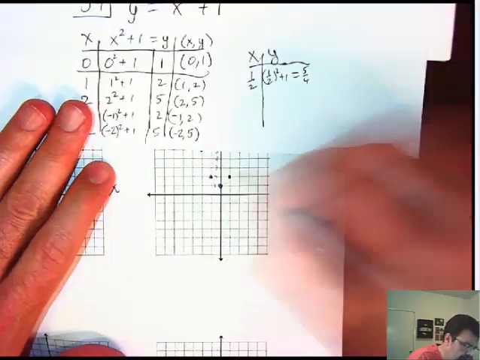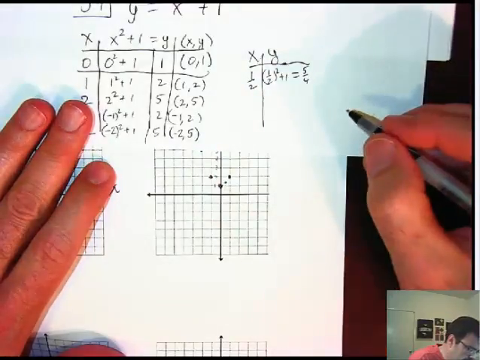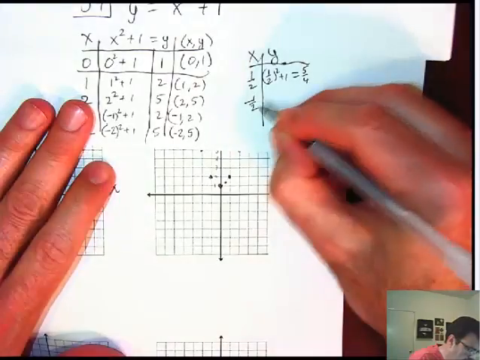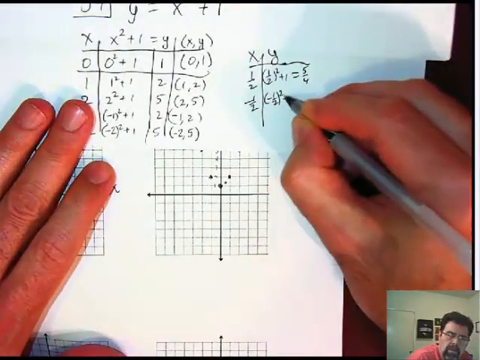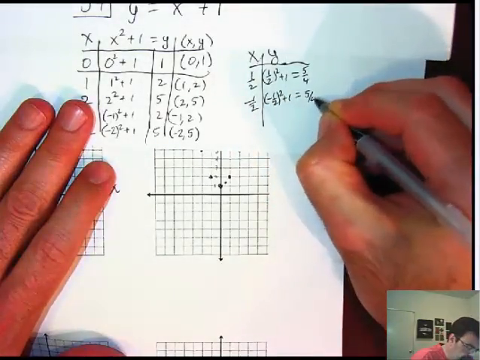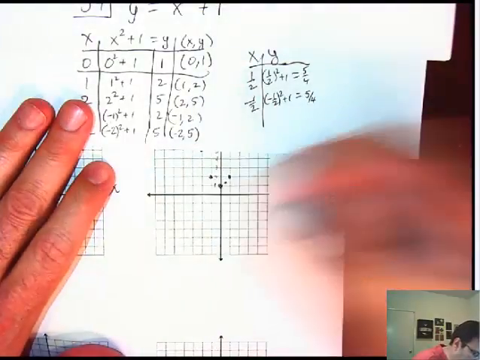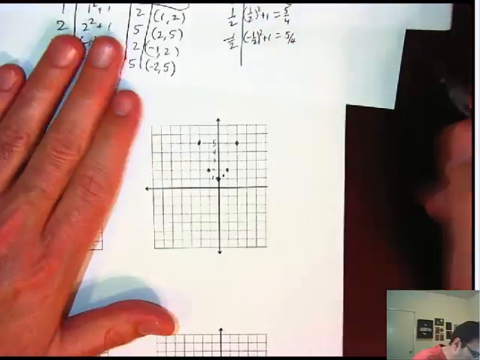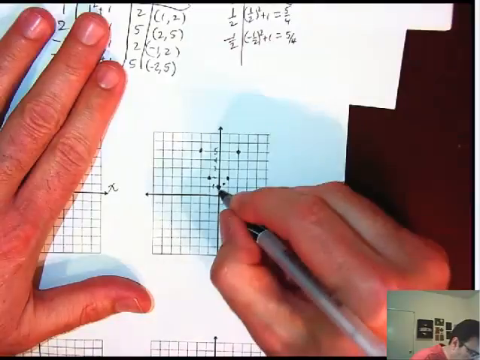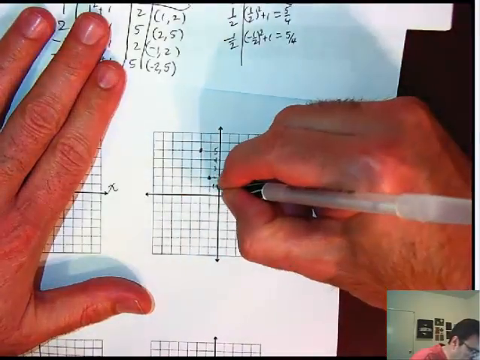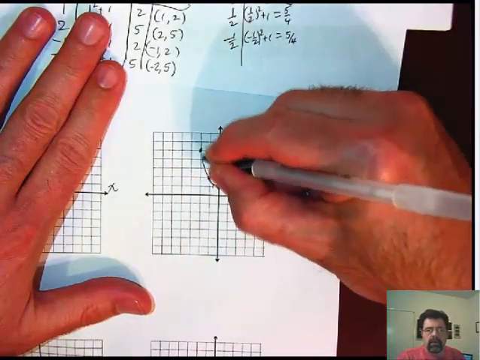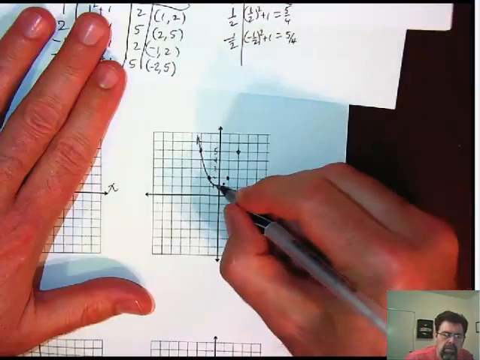And then if I did negative 1/2, that would give me 5/4. And again, this wouldn't be enough unless you had some knowledge about x squared. If you knew it was a parabola, you knew the shape, and you could draw it. But if you don't, you've got to plot a whole bunch of points until you know the shape.